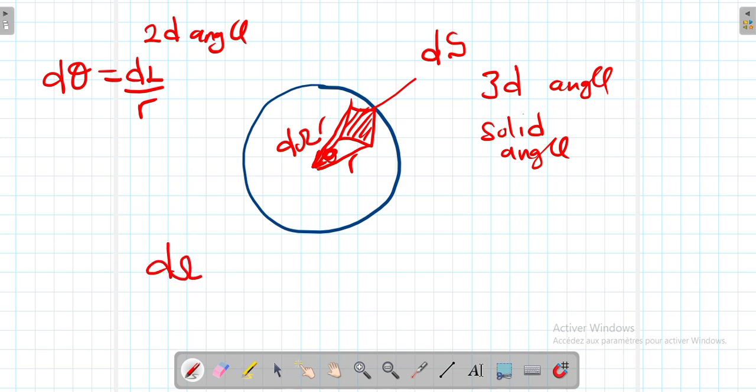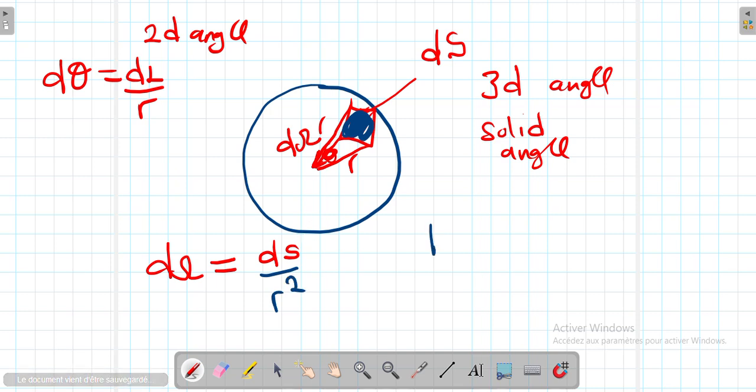So d omega is going to be equal to ds over r squared, because the solid angle subtends a surface, not an arc length like the elementary plane angle. It subtends this surface on the sphere, so you say the surface over r squared.